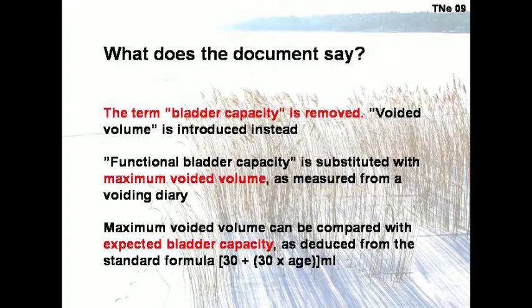But sometimes we need to compare these values with some kind of normal standard, and then we use the common formula, 30 plus 30 times age in years milliliters, to get some kind of standard for comparison, and that we call expected bladder capacity.